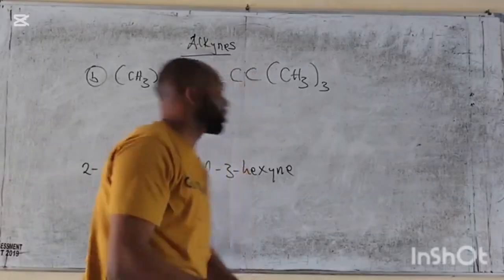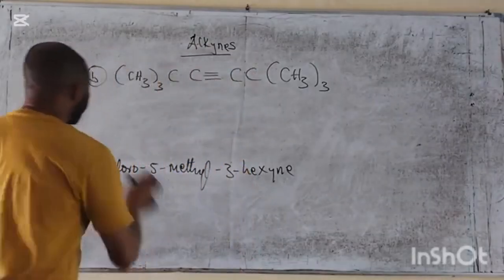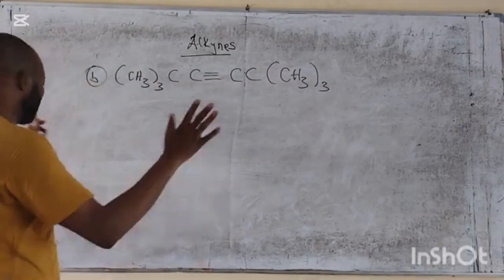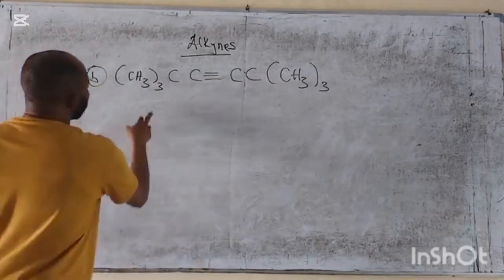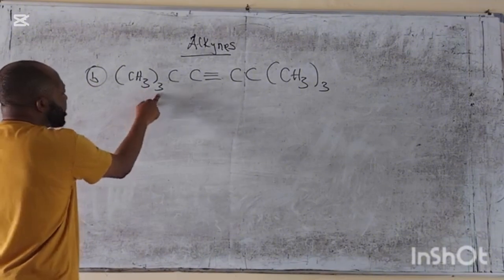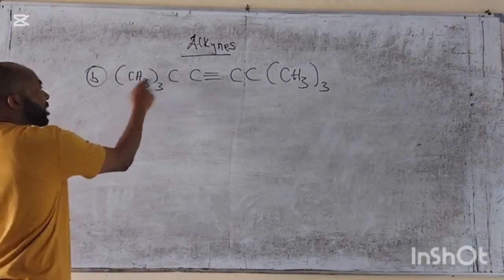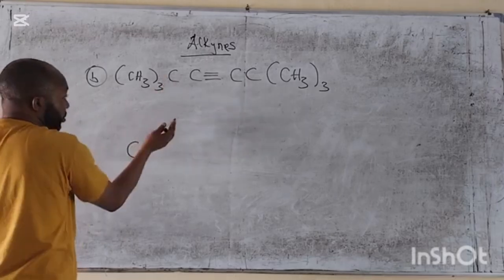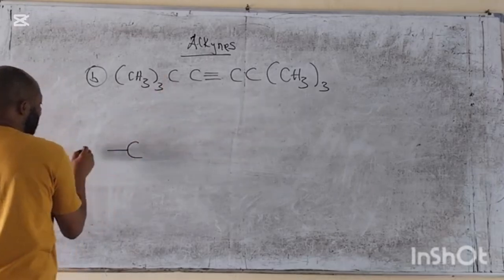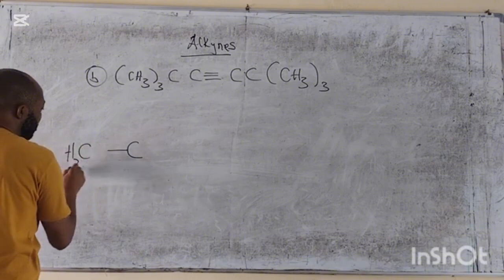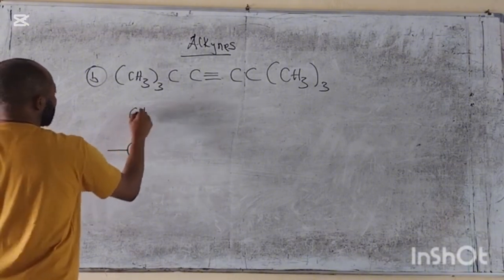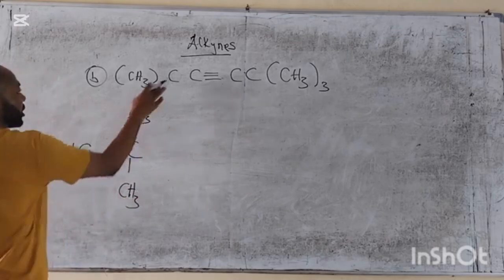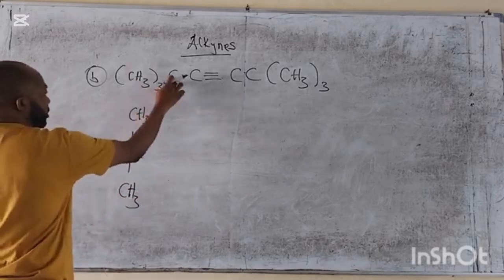Okay, let's see. So let's go. They say that there are 3 methyl groups attached to this carbon.